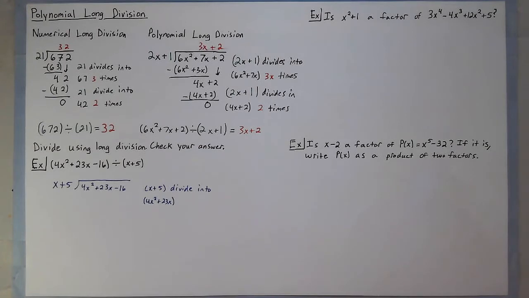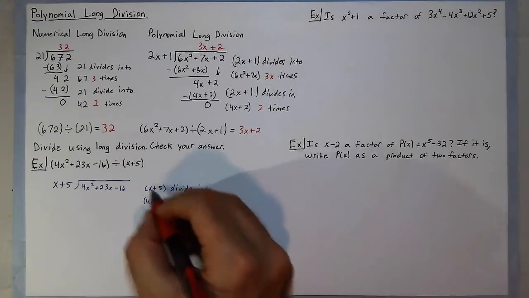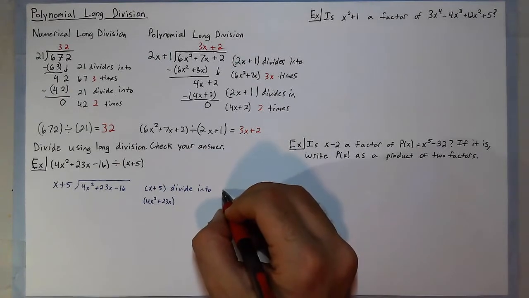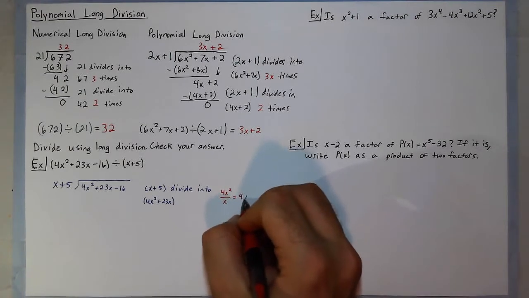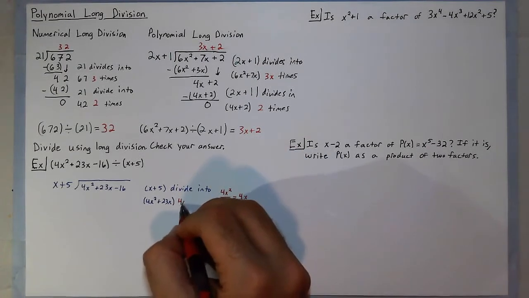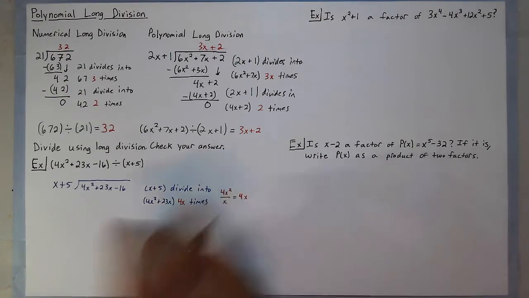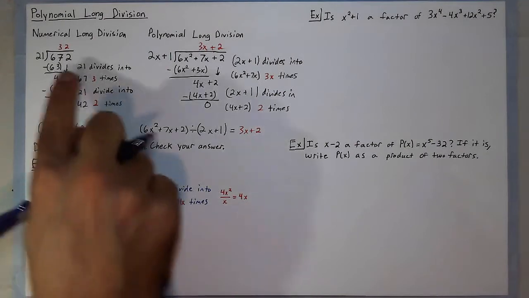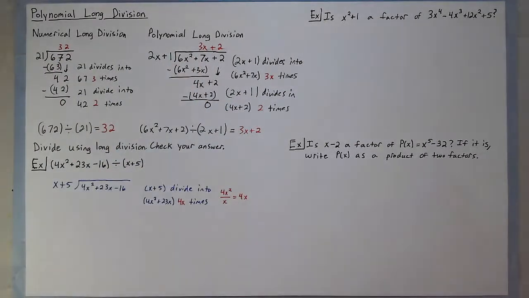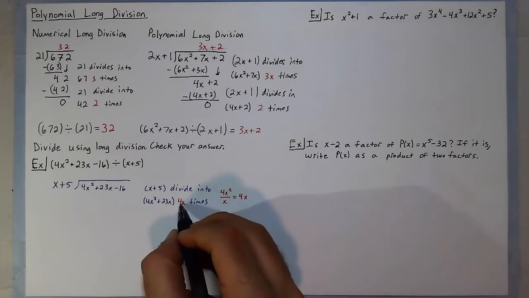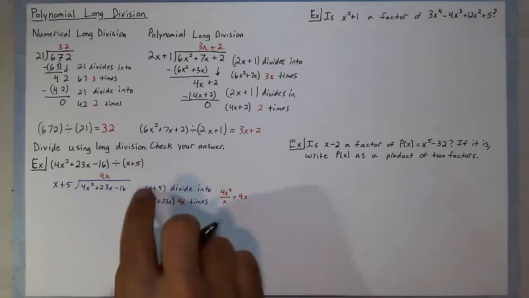The way you find that number is just to take 4x squared and divide it by x. So what is 4x squared divided by x? 4x. So I'll say it divides into it 4x times. The idea is that you want to get rid of the 4x squared term when you go to subtract, just like we wanted to get rid of that 6 and the 6x squared earlier. So 4x times x is 4x squared.